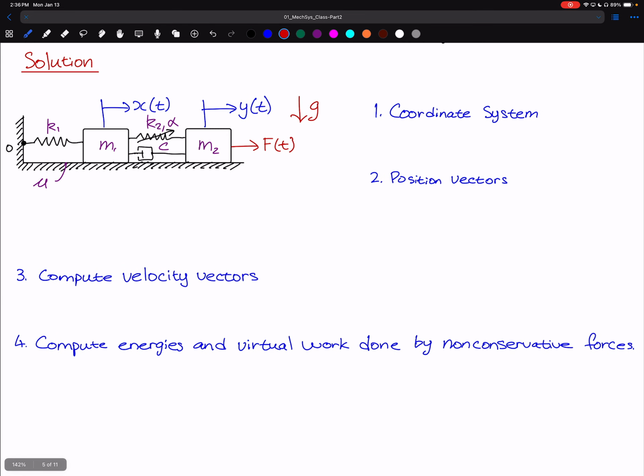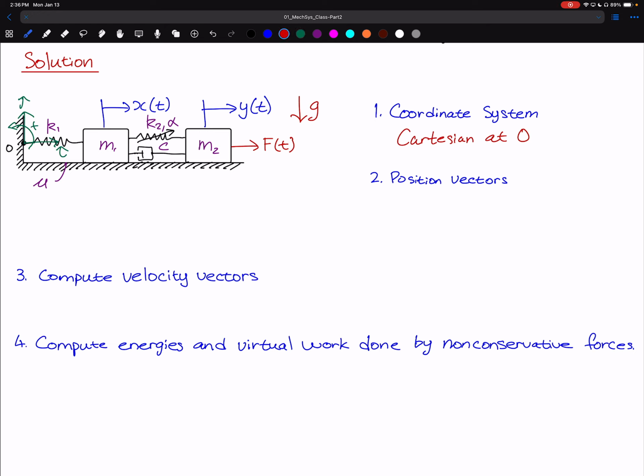Okay, so I've gone ahead and redrawn the problem here. We're going to start by defining a coordinate system. In this case, we're just going to use a simple Cartesian coordinate system, your standard Cartesian at O. So we'll define a unit vector I in the horizontal direction, unit vector J in the vertical direction, and counterclockwise rotation is positive.